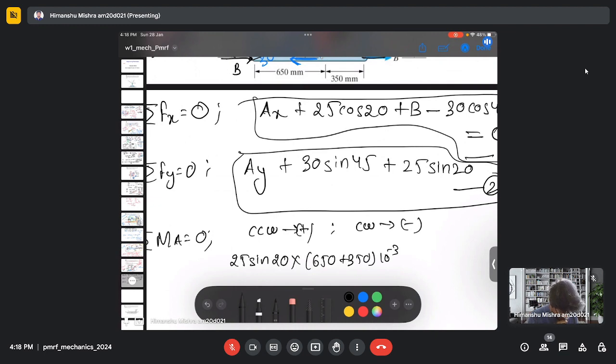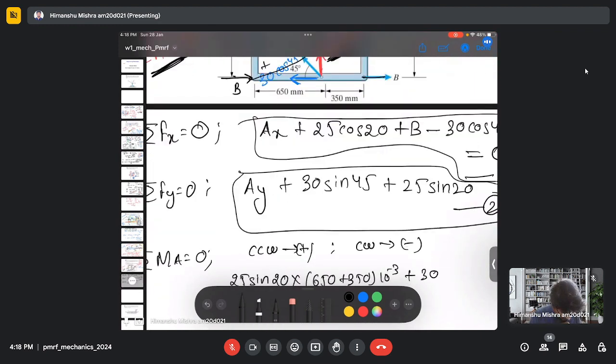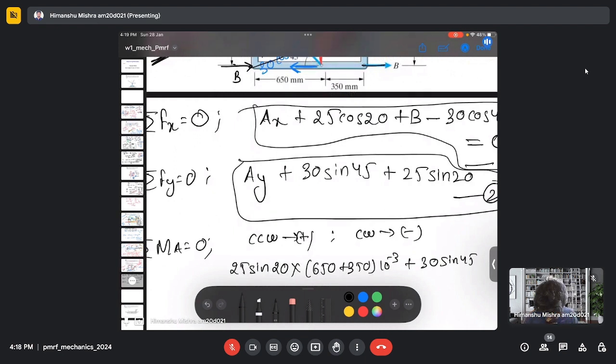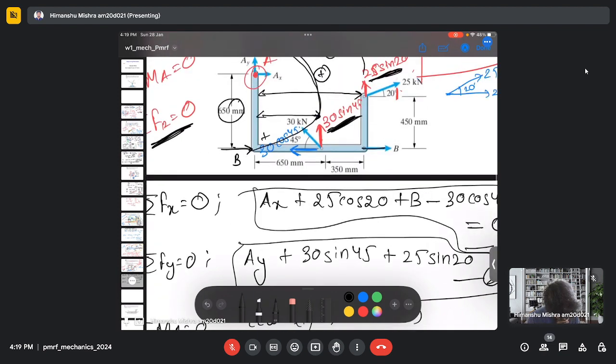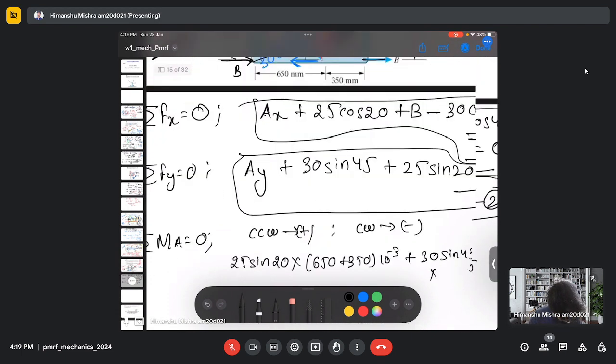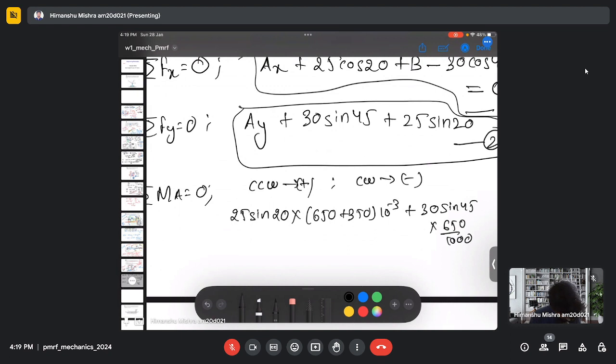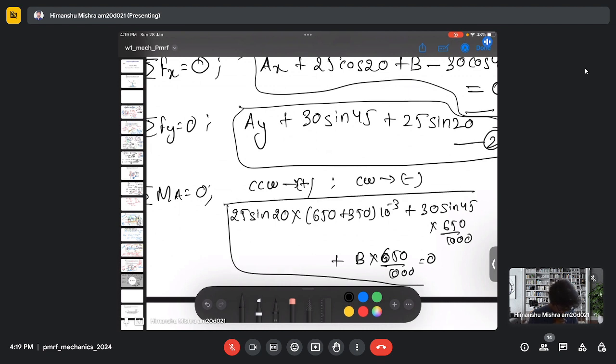I'm writing in the meter here, plus 30 sine 45 multiply with 650, plus B multiplied by 650 by 1000 equals to 0. So this will be my equation 3.